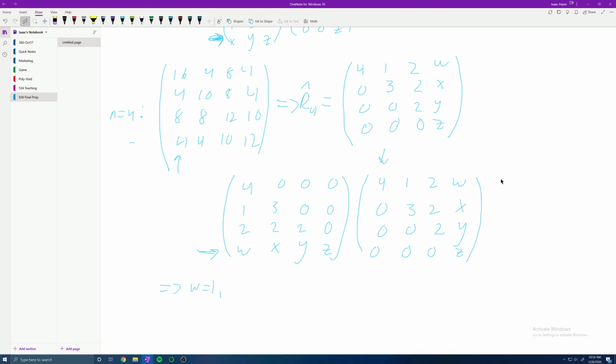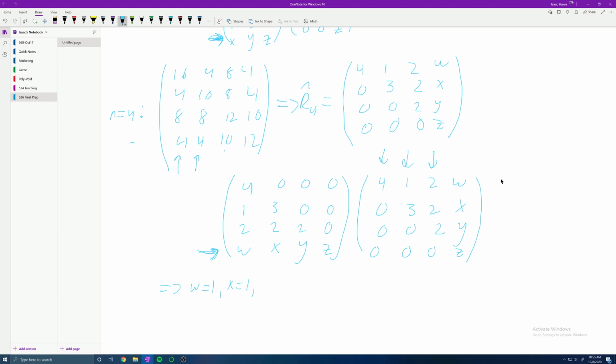Okay. Multiply the same row by this column. We'll get W plus 3X equals this entry, 4. So 1 plus 3X is 4. That means X must be 1 as well. All right. This row times this column. So 2W plus 2X plus 2Y.